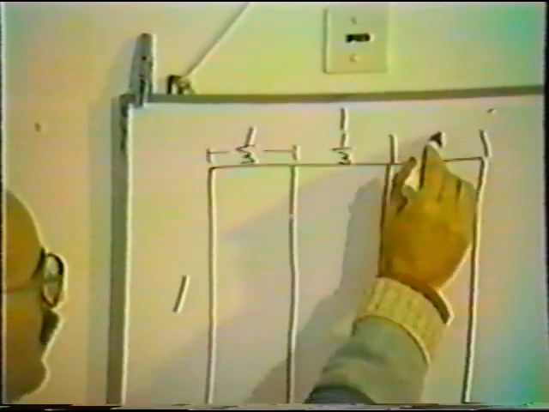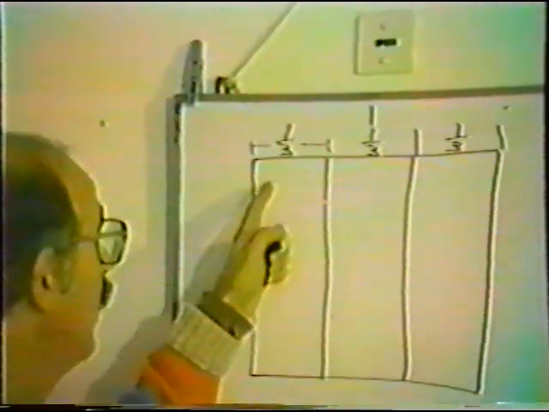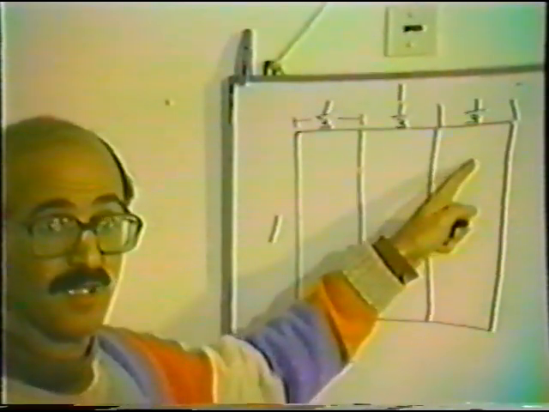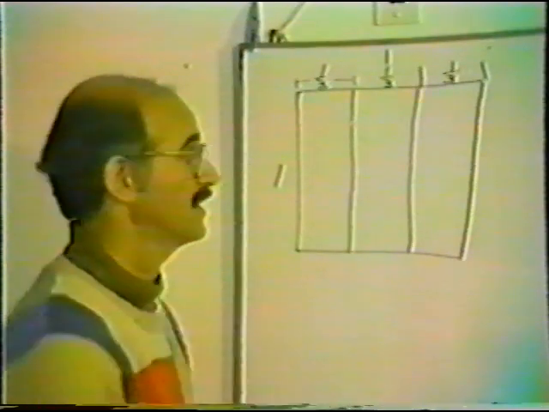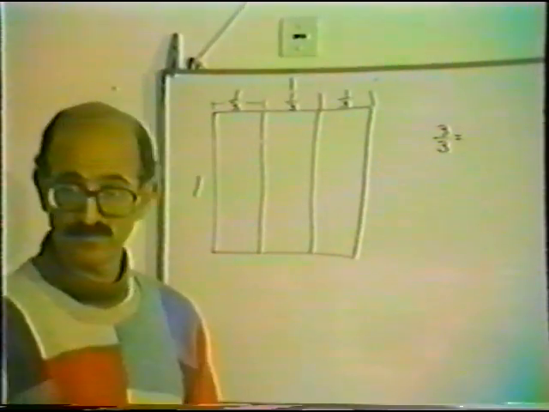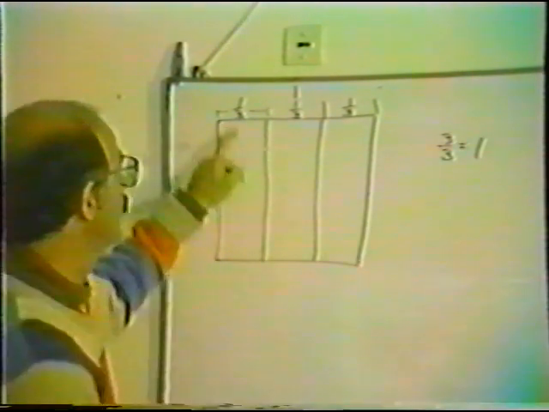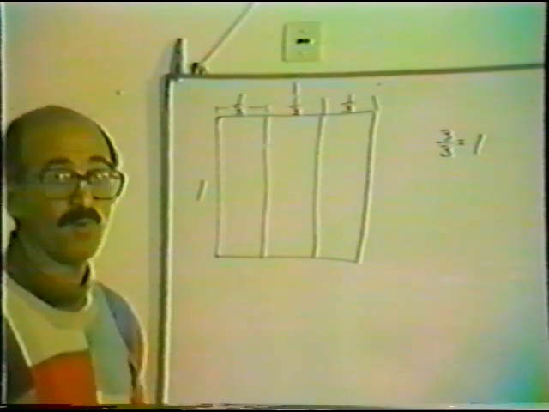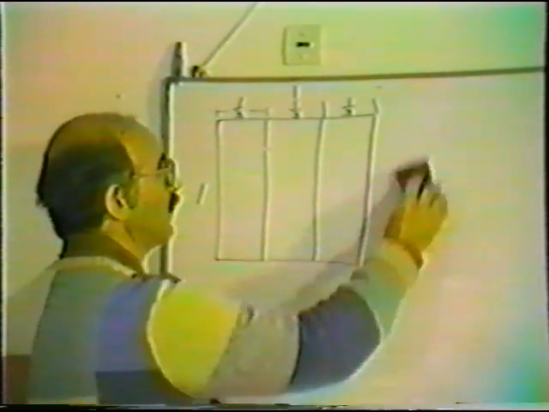And this distance is 1/3. 1/3 plus 1/3 plus 1/3 is 3/3. And 3/3 is always equal to 1 whole. So this distance across is 1, but we've divided it into distances of 1/3.